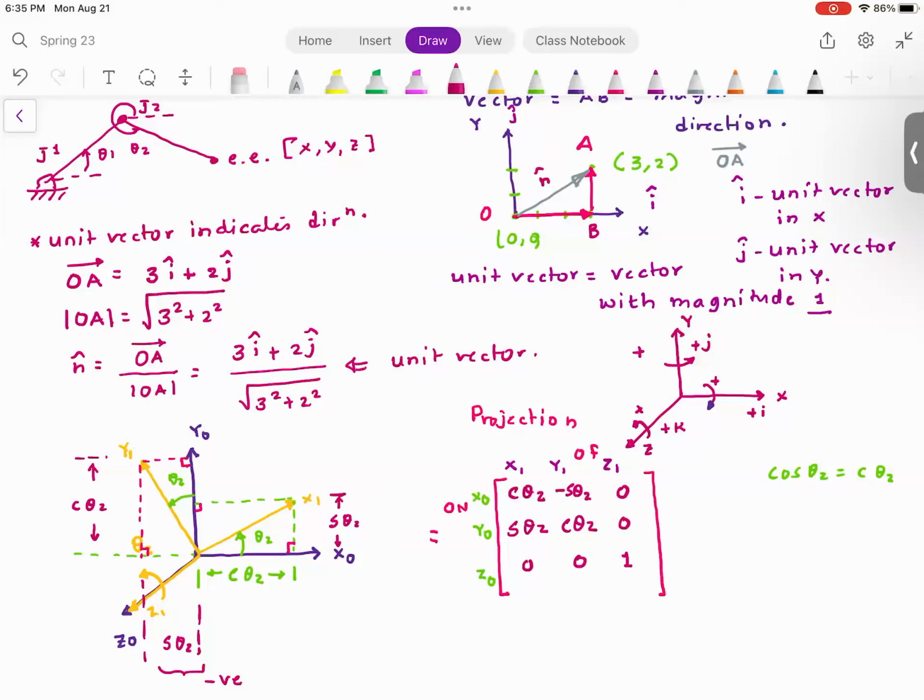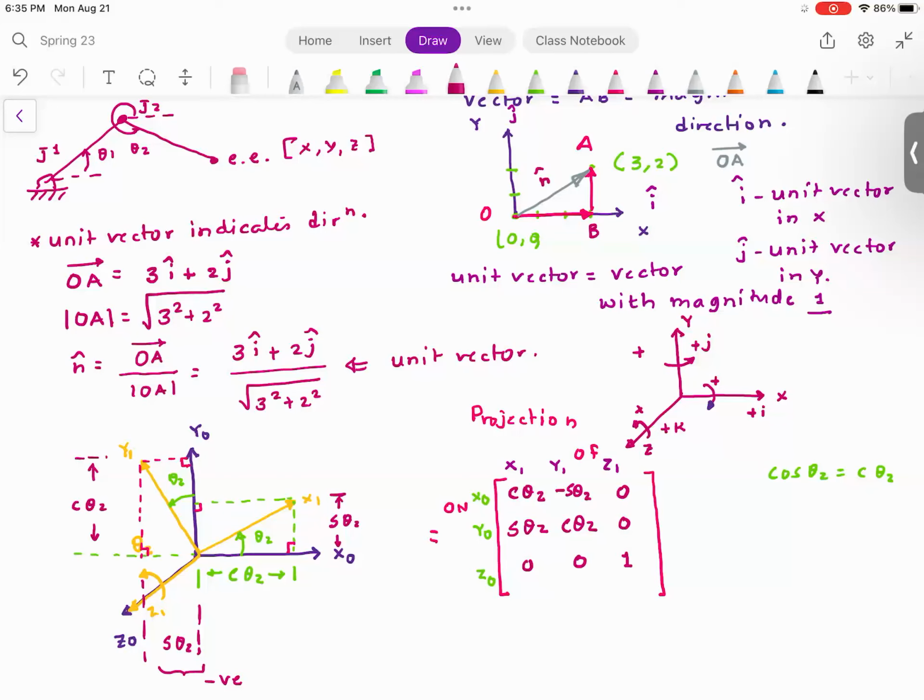Projection of x1 on x0 is cosine theta z. Projection of x1 on y0 is sine theta z. Projection of x1 on z0, please understand, x1 and z0 are perpendicular. So 0.